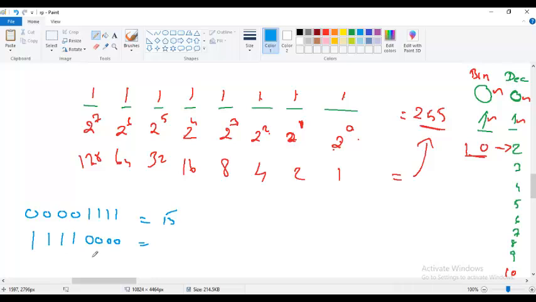See, Priya, you were correct up to here. You said here 192. I heard you, and when you counted these three, you said 224. Good. Then what is the value? Exactly.